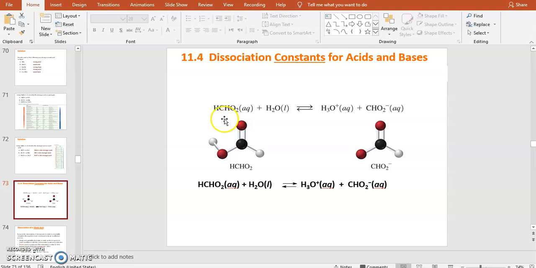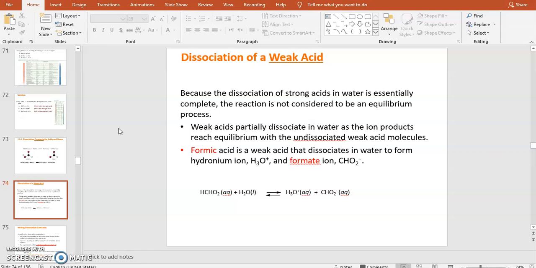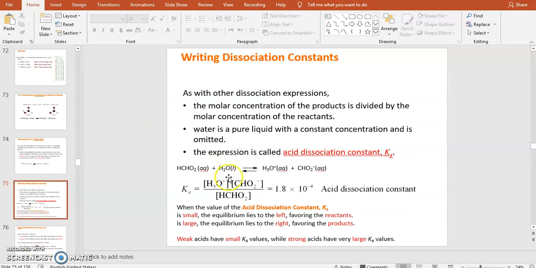So here is this equation. When this acid dissolves in the water, it dissociates into the hydronium ion and this molecule. Let's try to write down the Ka, or the acid dissociation constant.